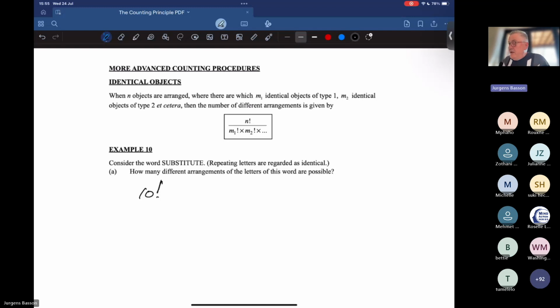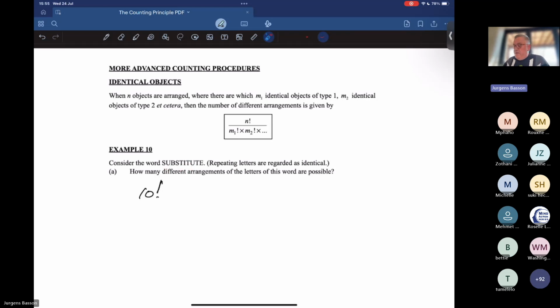And the reason is, if I swap this S and that S, then the word is the same. If I swap this U and that U, the word will be the same. If I swap T and T, the word will be the same.